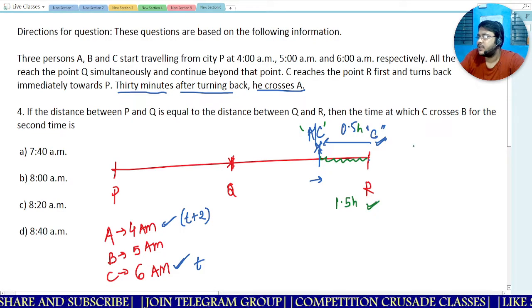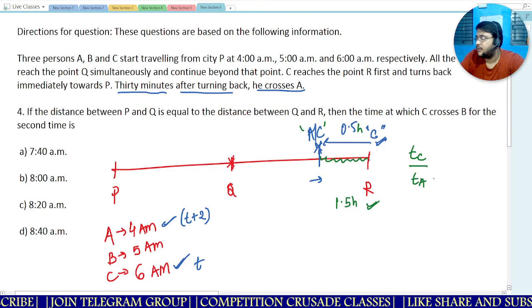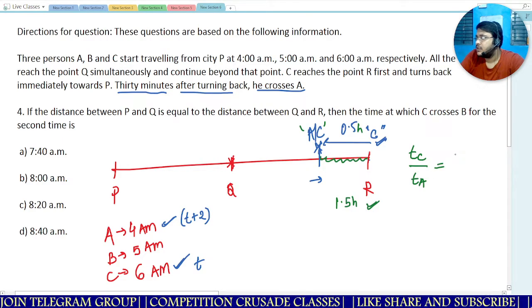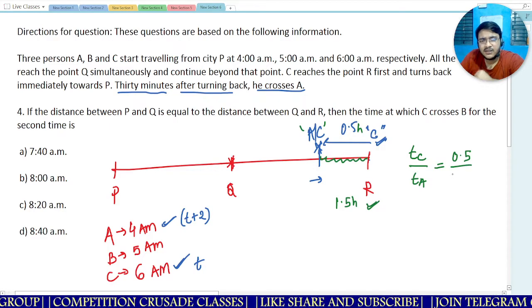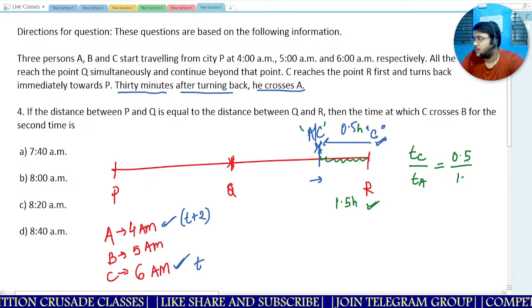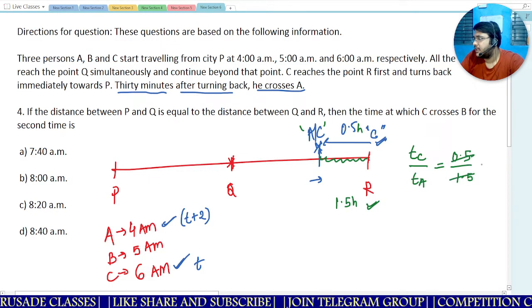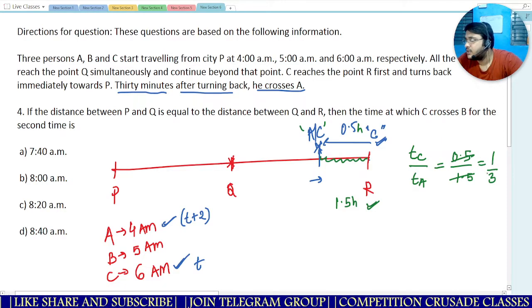So time of C upon time of A will be 0.5 upon 1.5, which is 1 upon 3.